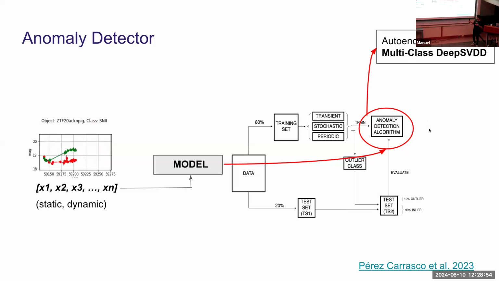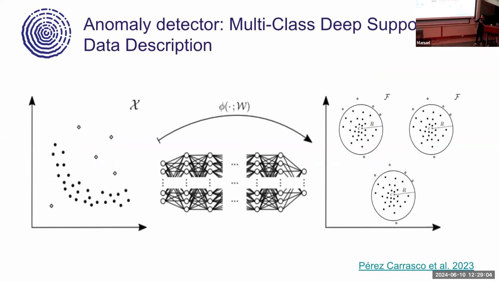Our main anomaly detector methods are autoencoders and the multi-class deep support vector data description that we have introduced. It's this model, okay?